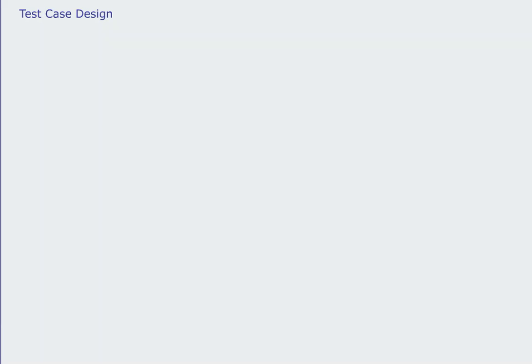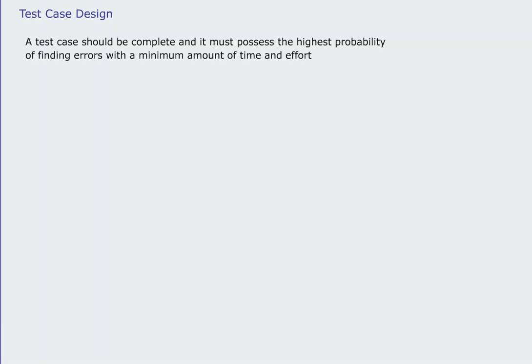Test case design. Test case design is an important activity in software engineering and should be done very carefully so that a test case should be complete and it must possess the highest probability of finding errors with the minimum amount of time and effort.